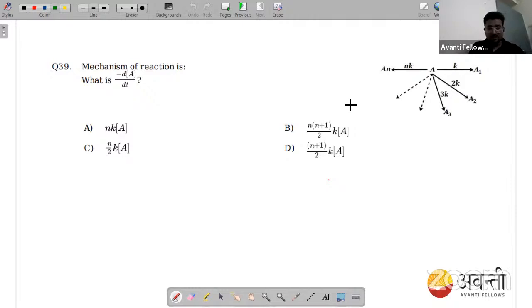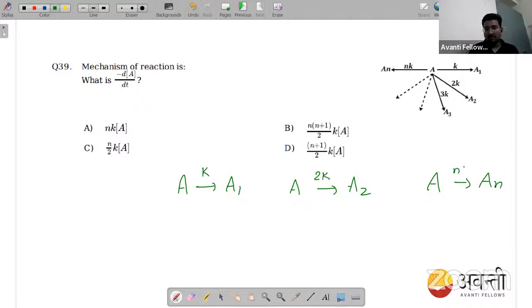Now see, first taking reaction A to A1, then we will see A to A2, then we will see A to AN, with rate constants K, 2K, NK.